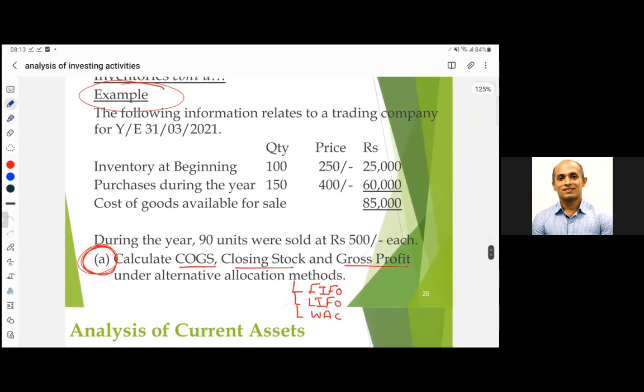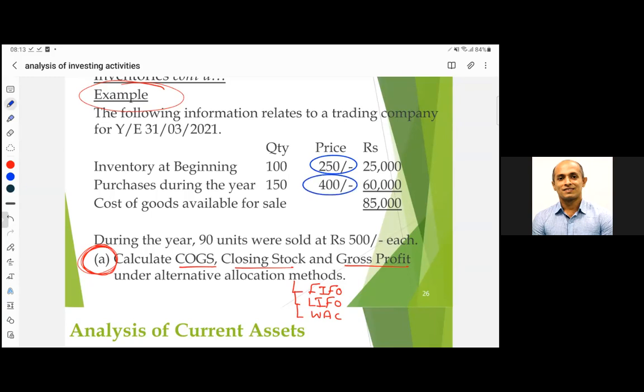Your beginning inventory is at the price of 250. The meaning is last year you purchased stocks at 250. But you see current year price increased to 400.